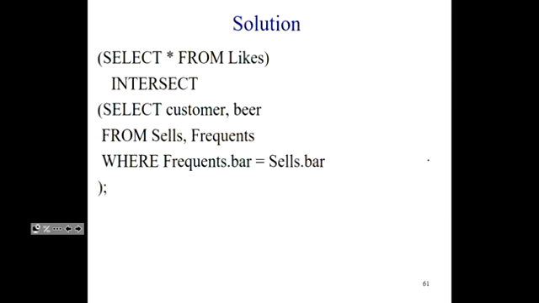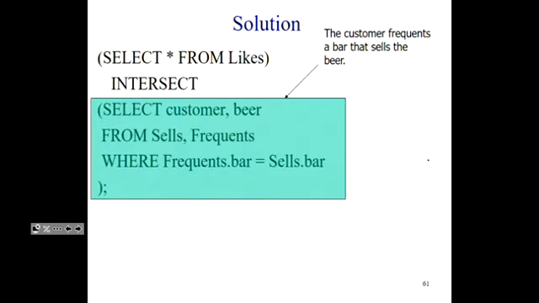So the first query is simply select star from likes. So these are just the tuples from likes. And I am intersecting this with select customer, beer from sells, frequents, where frequents.bar is equal to sells.bar.